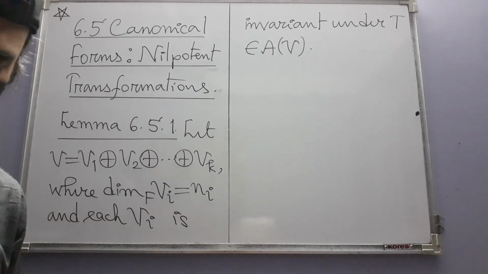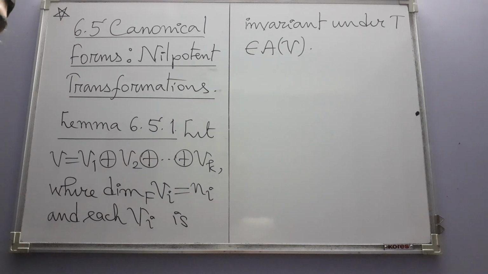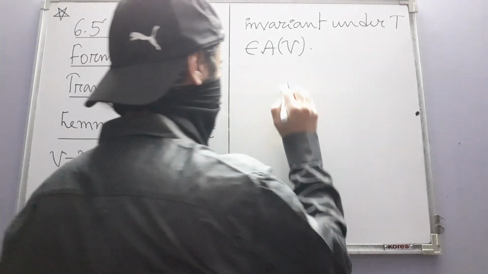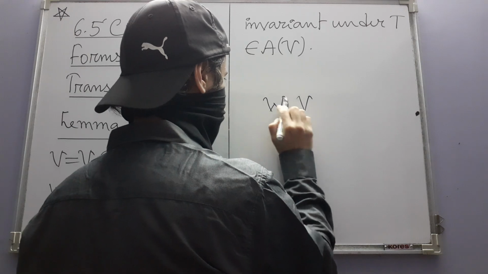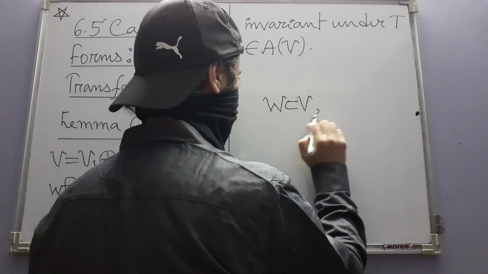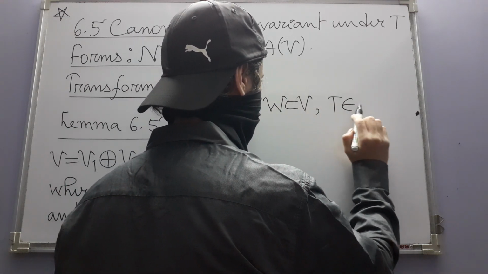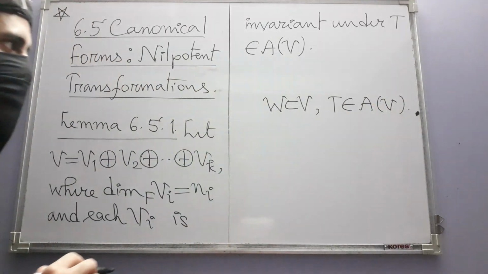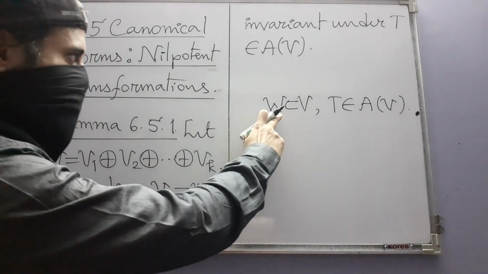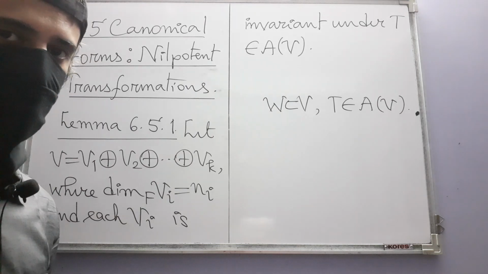Let us go back to the definition of invariant subspace. You have a vector space V, you have a subspace W of V, and you have a linear operator T on V. What does it mean to say that W is invariant under T?